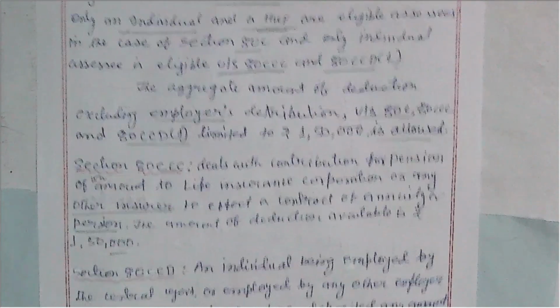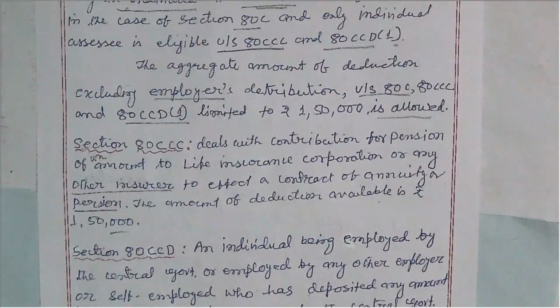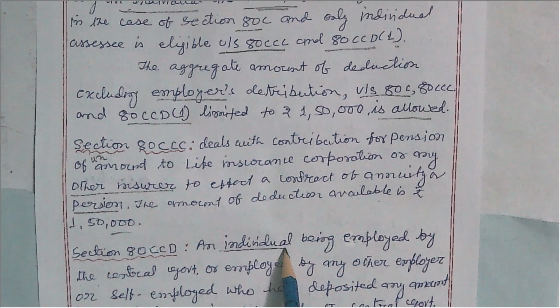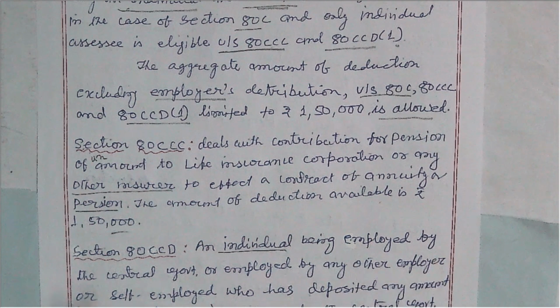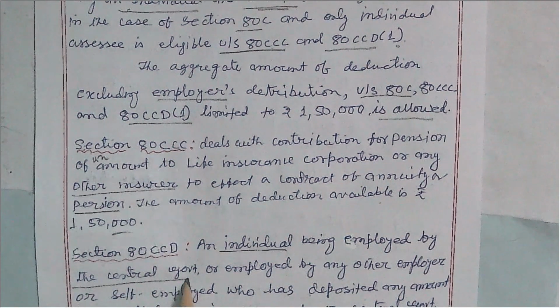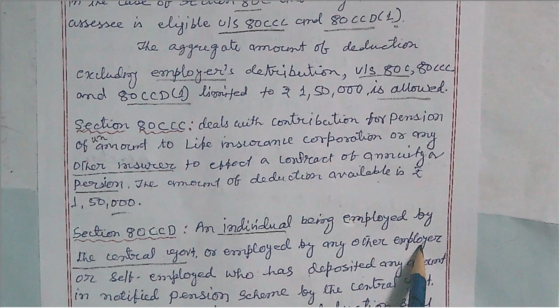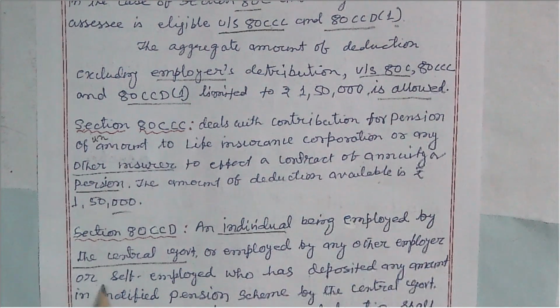Similarly, section 80CCD is also given here for an individual, that means not an HUF, being employed by the central government or employed by any other employer or self-employed.